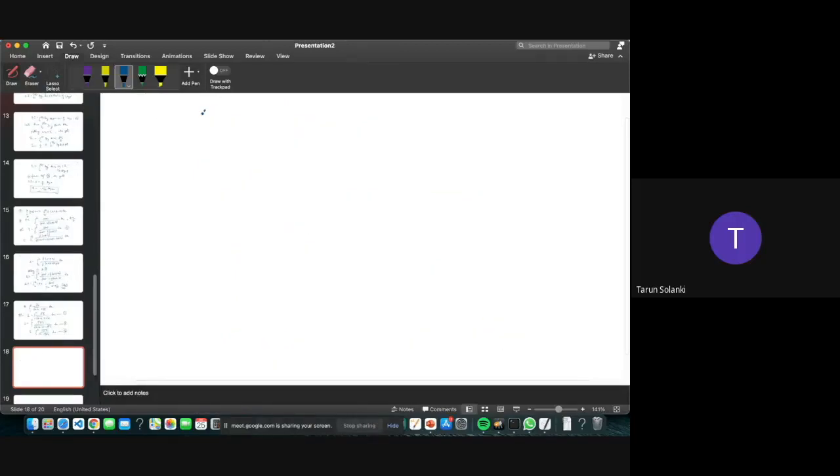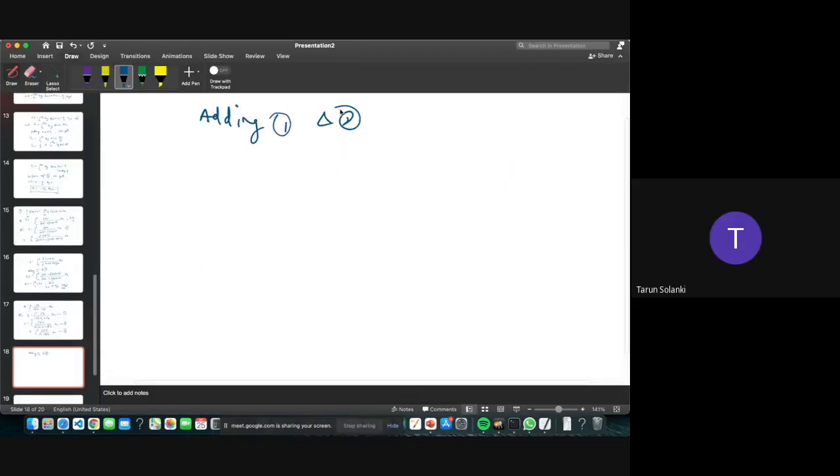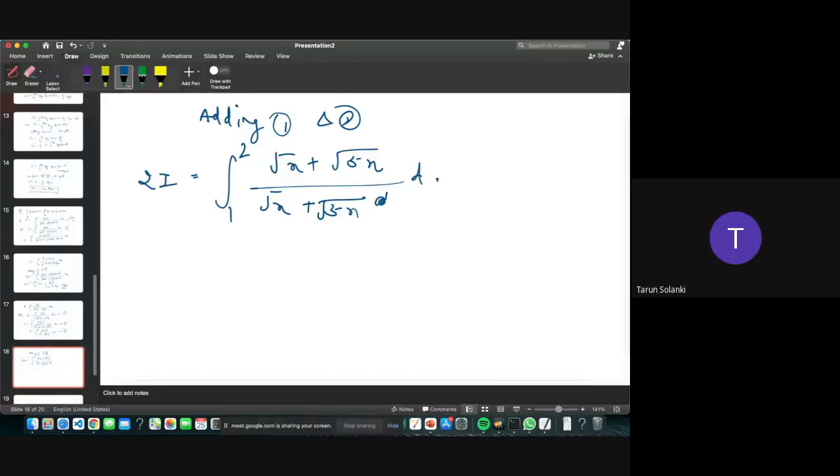So now we will add both the equations, adding 1 and 2. So we will write 2I is equal to the integral from 1 to 2 of root x plus root 3 minus x divided by root x plus root 3 minus x, dx.